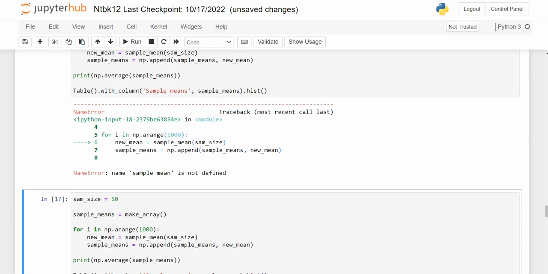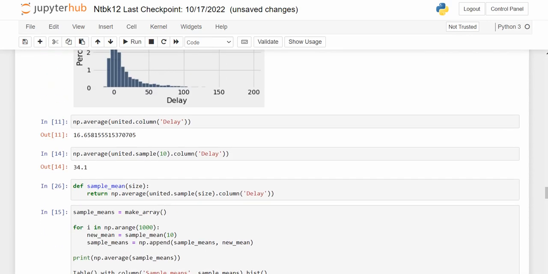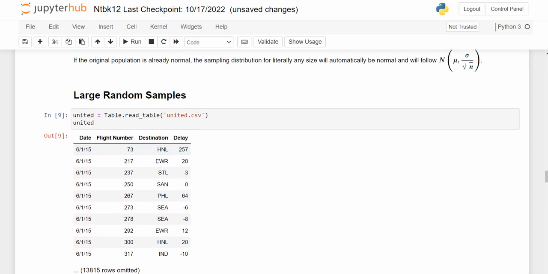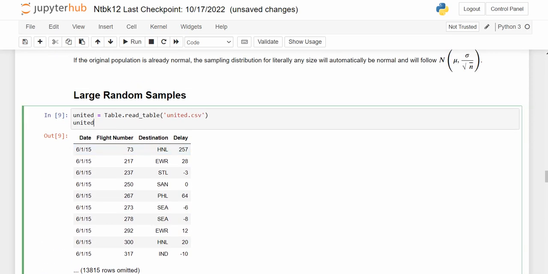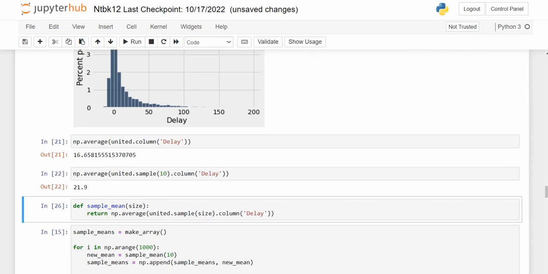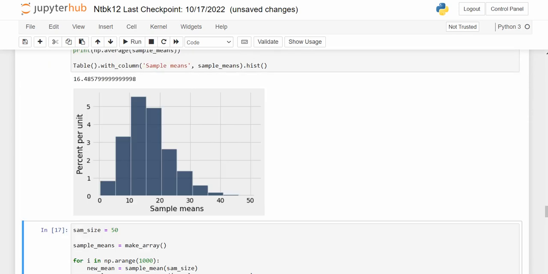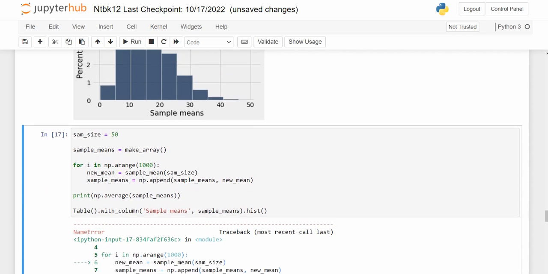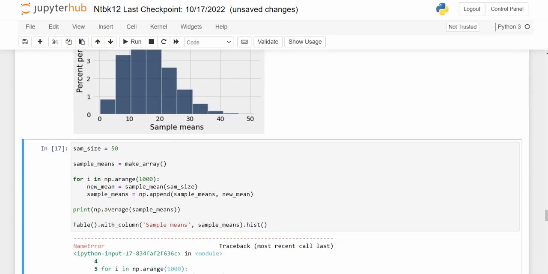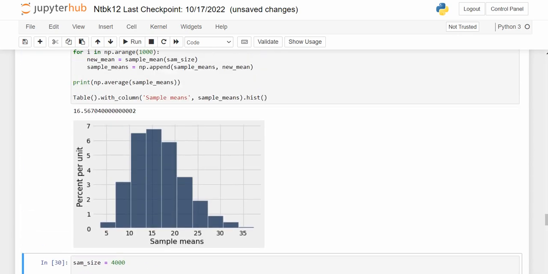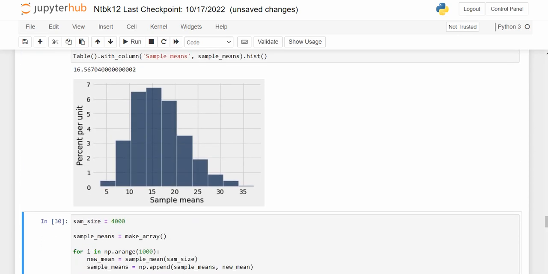I'm running it again, and for some reason it doesn't like it. So I'm going further up to find where my kernel fell asleep. There we go. Okay. And then, so there's for size 25. Let's hope that size 50 works now. Yes, it does. And we get a better bell shape.